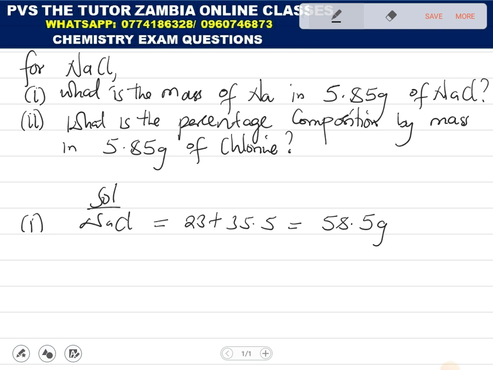Now, we are looking for the mass of sodium in this. So 23 grams of sodium, take note, is going with what?